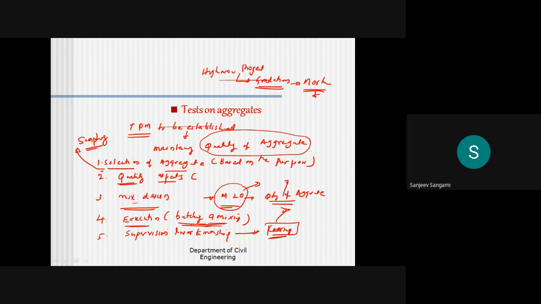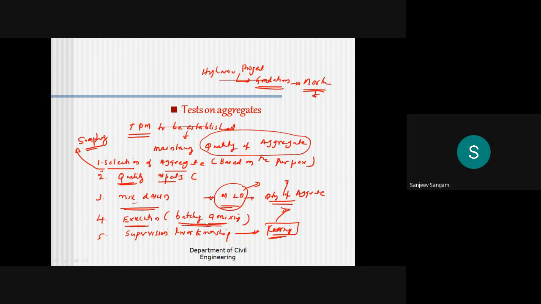Sometimes they may ask the question in the other way: how exactly the total quality management aspects have to be satisfied at the site with respect to the quality of the aggregate. You can answer in this way: how the selection can be done, what the quality aspects are, then mix design, execution, batching and mixing, then supervision and workmanship.